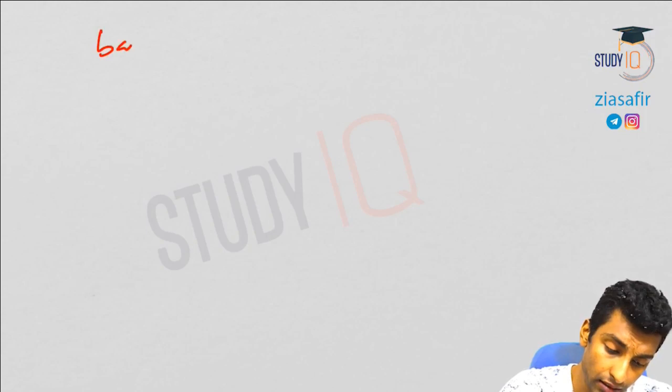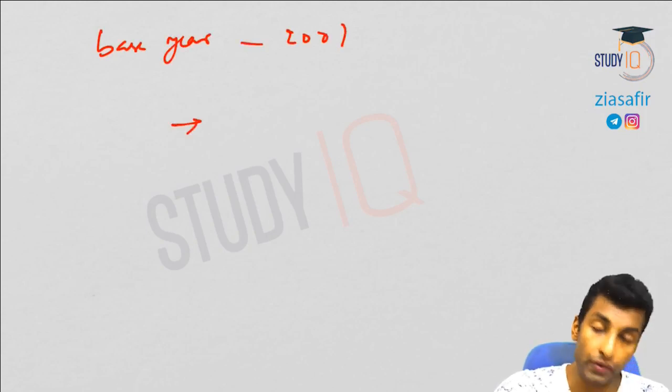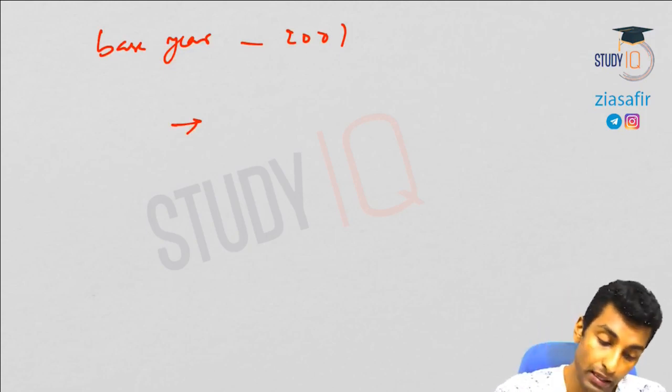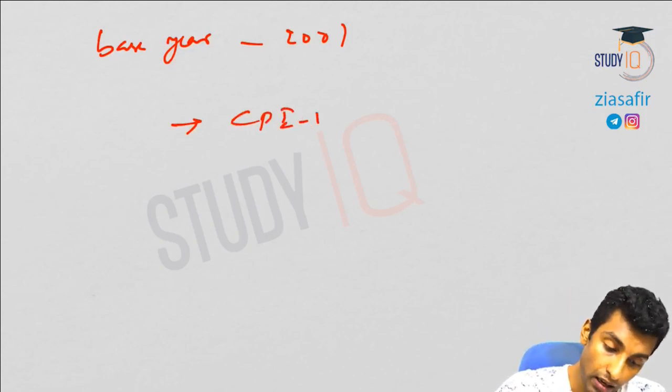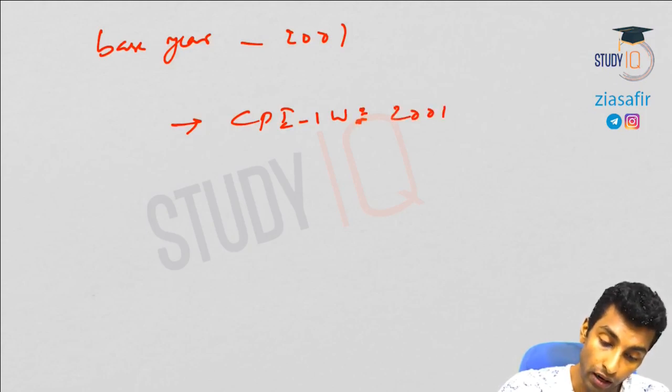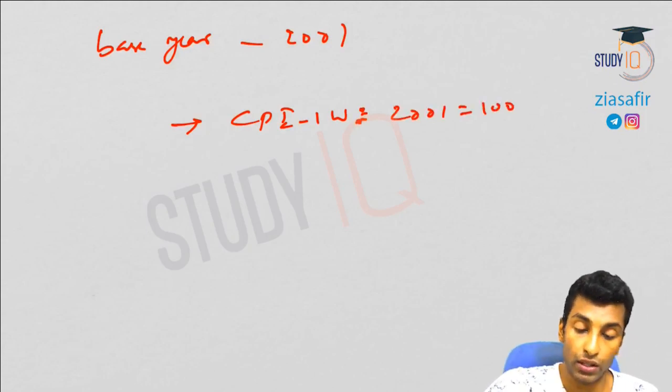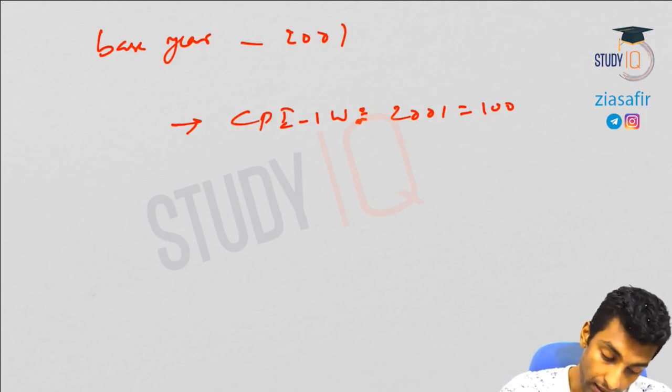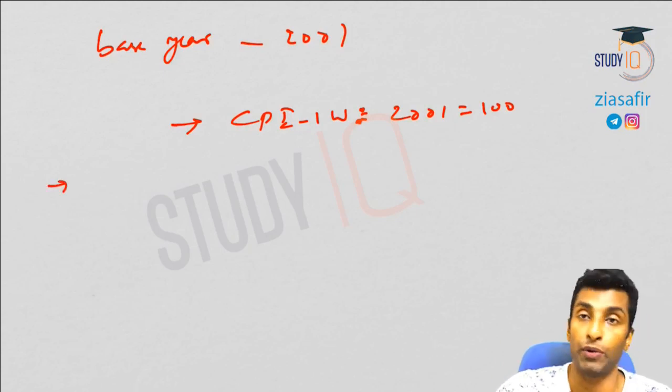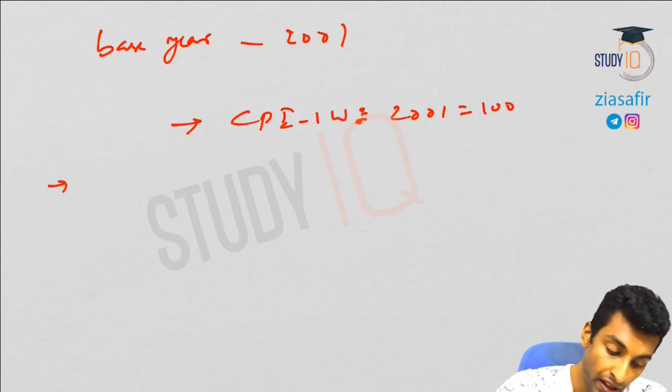The base year is 2001. So how will you write a CPI? CPI is also an index number. So CPI IW colon 2001 is 100. So this is how you will write this. And who's estimating this? Labor Bureau under Ministry of Labor and Employment.